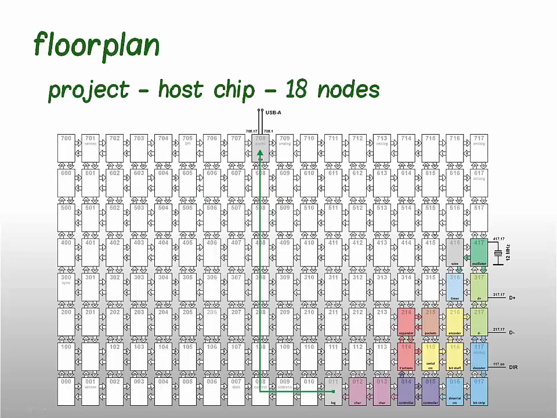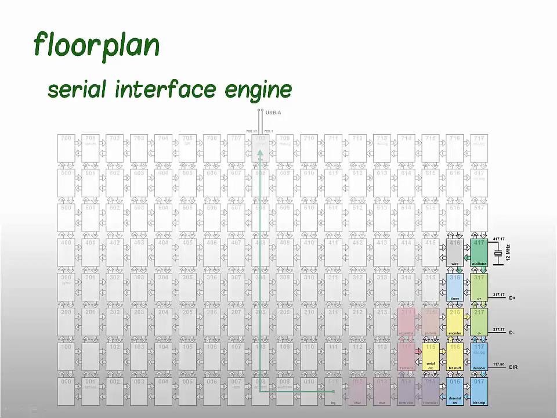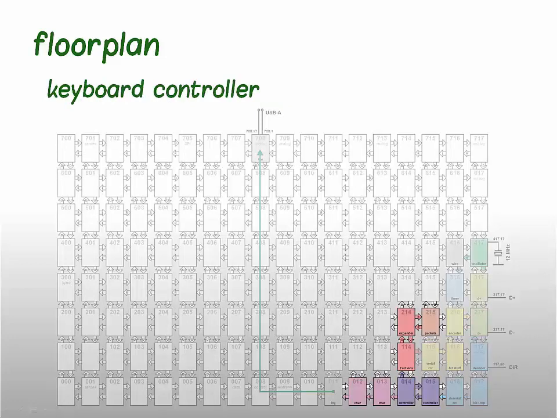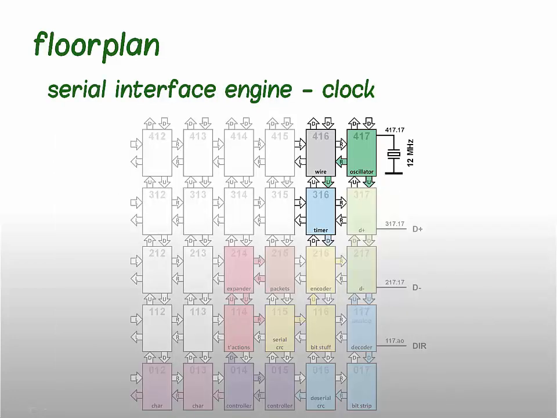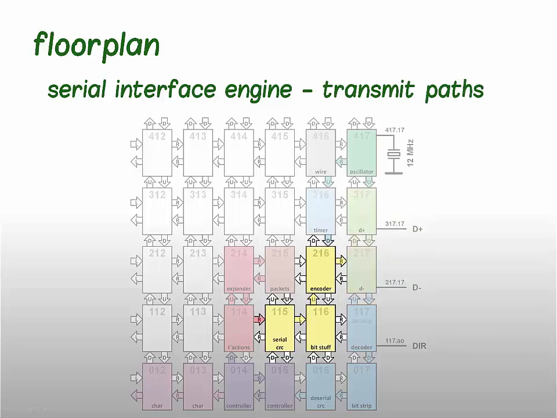The USB host is implemented in 18 nodes of the host chip. The serial interface engine consists of 11 nodes, and the keyboard controller is made up of 7 nodes. The serial interface engine consists of a clock module, 2 transceiver nodes, a transmit path, and a receive path.